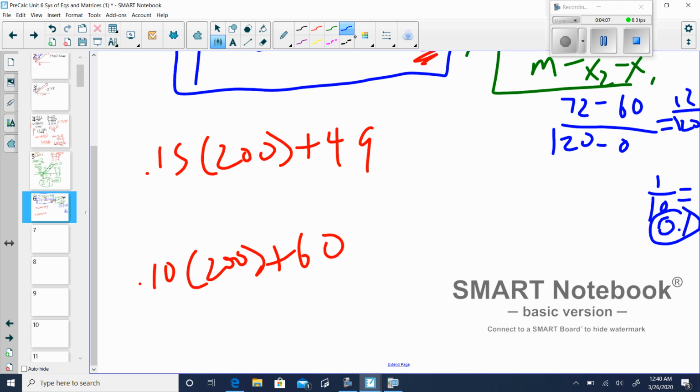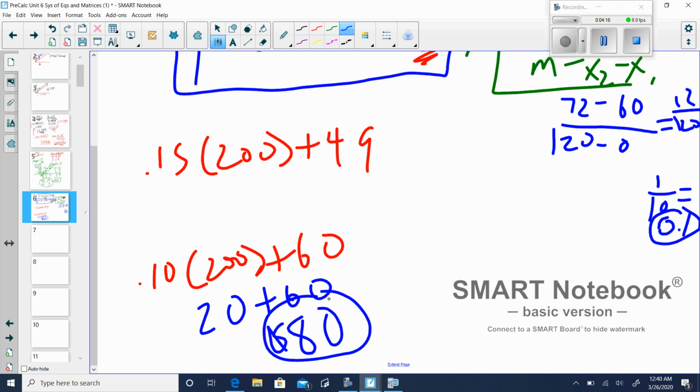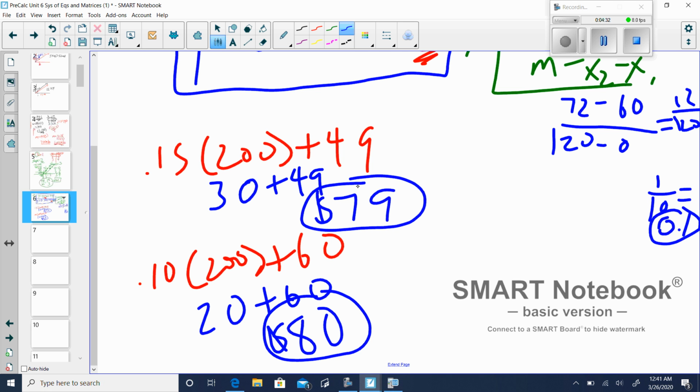So 200 times 0.10 is going to be 20. 20 plus 60 tells us that Benjamin's going to spend $80 on his cell phone plan if he talks for 200 minutes. Whereas Angela is going to spend, if she talks 200 minutes, she's going to spend $79.